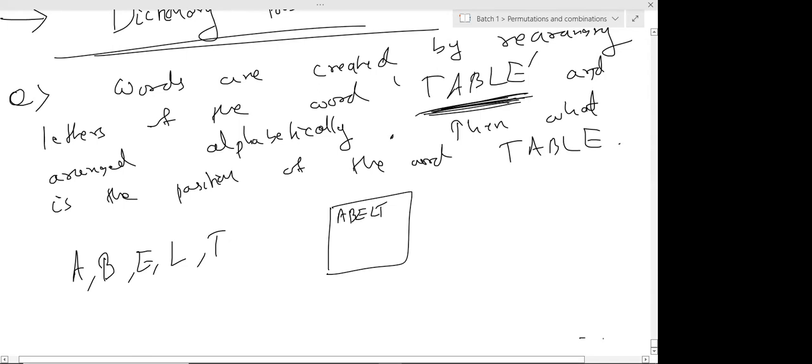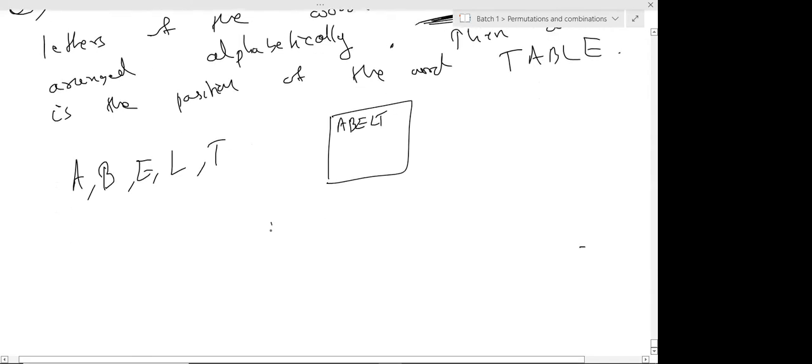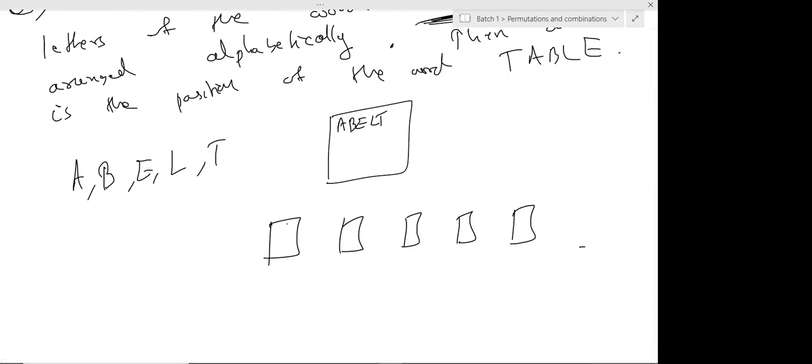So how to solve this? See, we need 5-letter words, right? So first we know that in the dictionary, all the words starting from A will come first. Is it clear? All the words from A. So let me fix A in the first box.